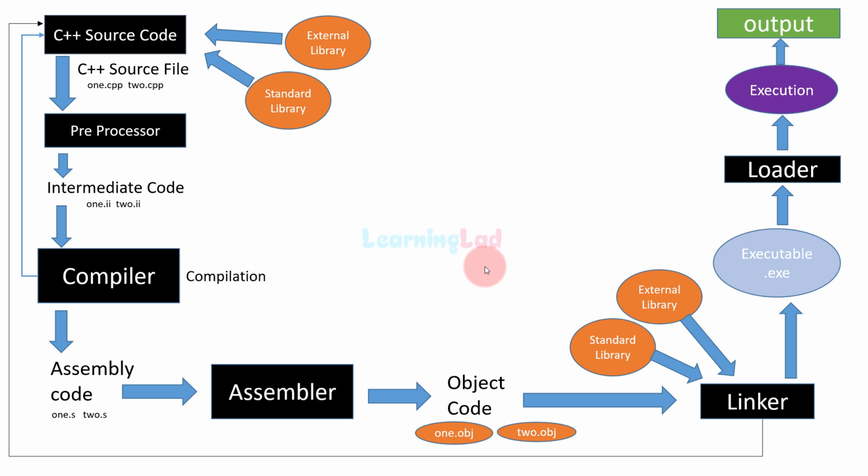Now here the thing is, when we get the output, it can be either the correct output or the wrong output. You may ask how we can get the wrong output. Just for example, let's say we are writing a simple C++ program to calculate the area of a circle. The computer is just a machine and it doesn't know the formula to calculate the area of a circle.